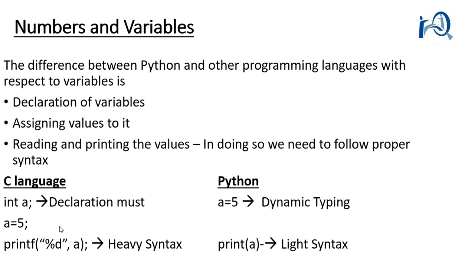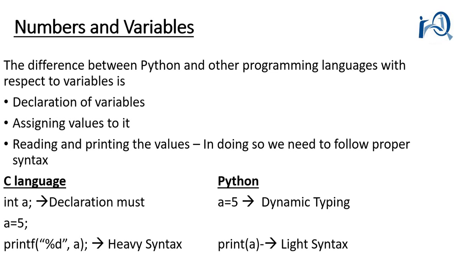Now you can see the syntax here. Since it is an integer, I am using the %d format specifier, and then I am printing a. So this returns the value 5. In Python the syntax is pretty light, so it doesn't have these format specifiers or quotes. It is just print a. So this simple coding made it so powerful.